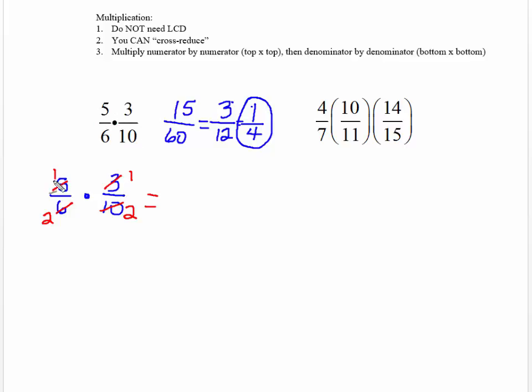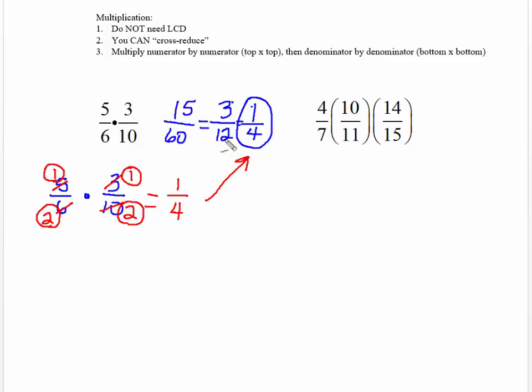But I really do this: I circle my numbers to remind myself what number I'm actually dealing with. But 1 times the 1 up top is 1. And the 2, that's the number that's left in this part of the fraction, and this 2 over here, 2 times 2 would give me 4.